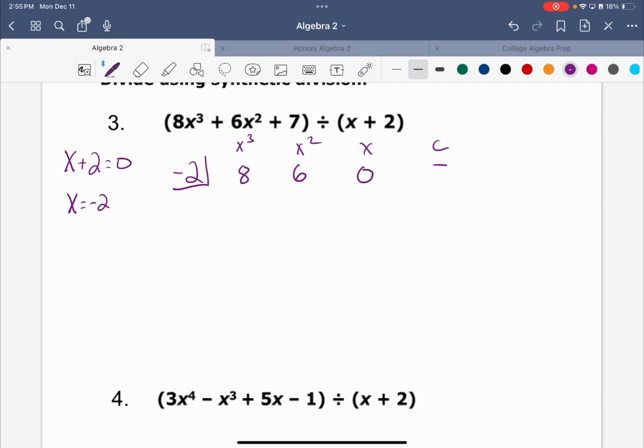My constant is 7. And I had to do this because there wasn't an x in my problem. You have to start out at the highest one that it goes through and all the way down to the constant. So we have to go 3, 2, 1, constant. We draw our line. Bring down the 8.